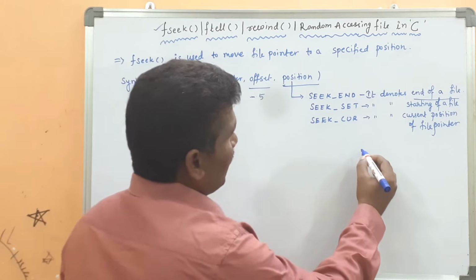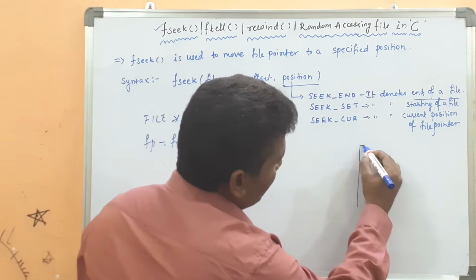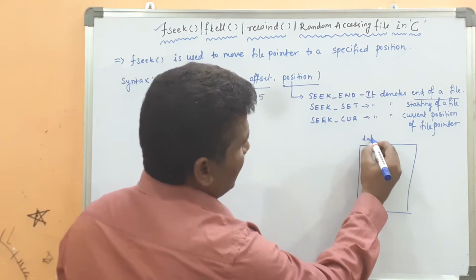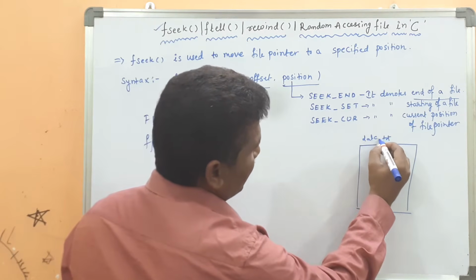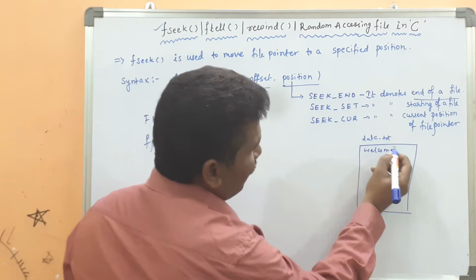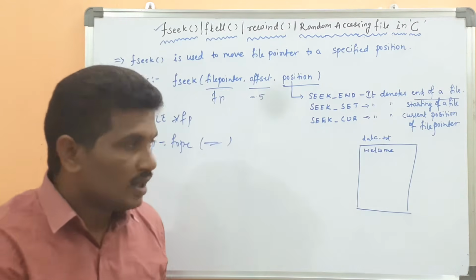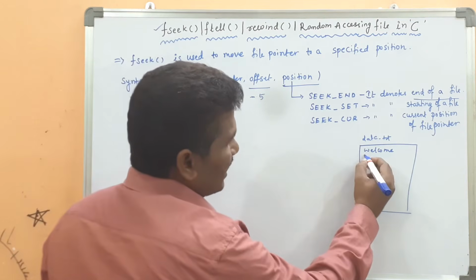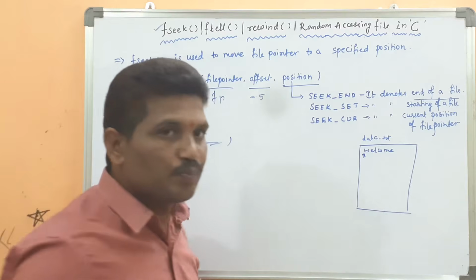For example, I want to create a text file, data.txt. Say the text "Welcome" is in the file. When your file has been opened, by default the file pointer will be at the beginning.